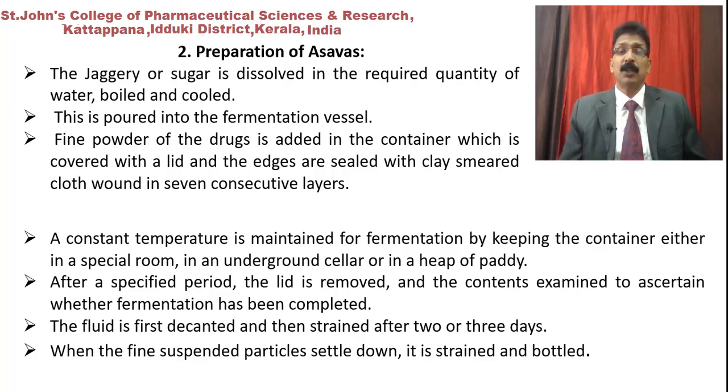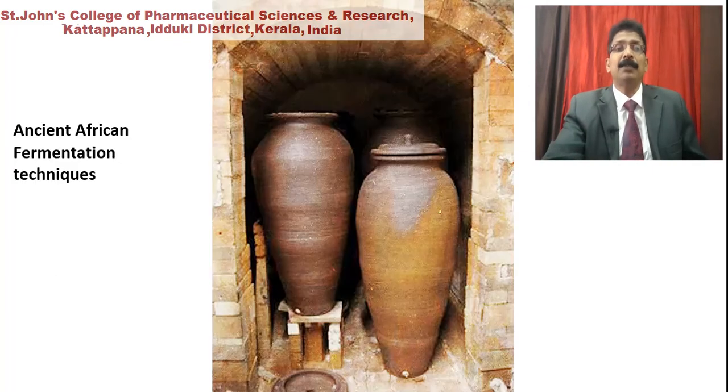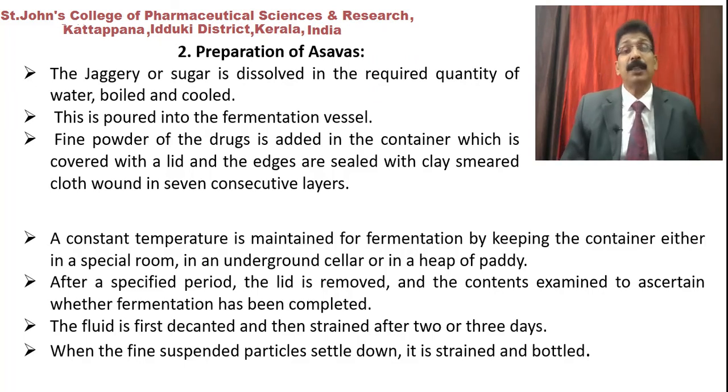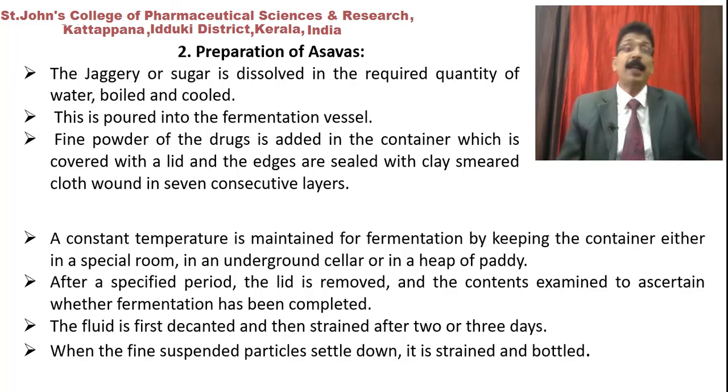So that is what we have seen in the picture, and now we are coming to the aswa. Preparation of aswa: the jaggery or sugar is dissolved in the required quantity of water, boiled and cooled.